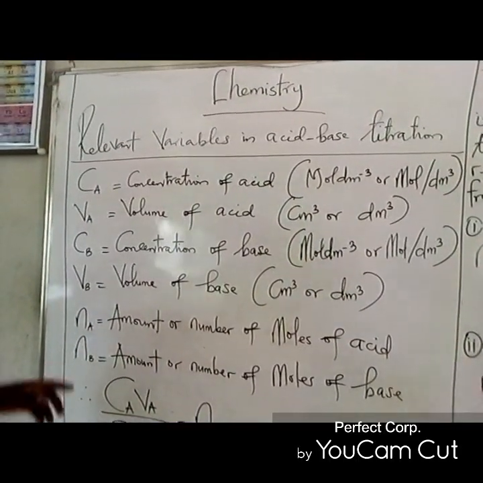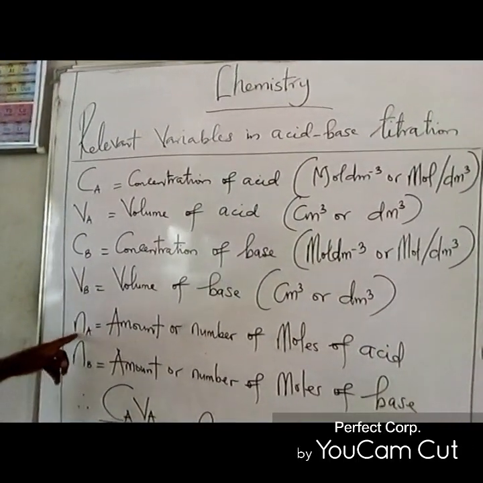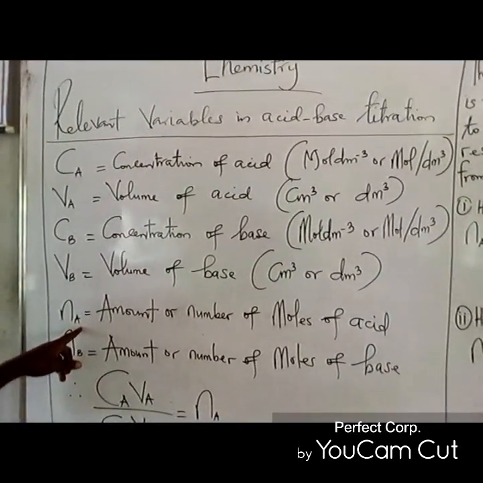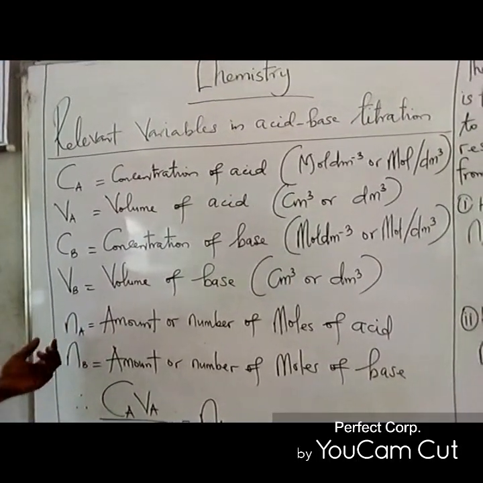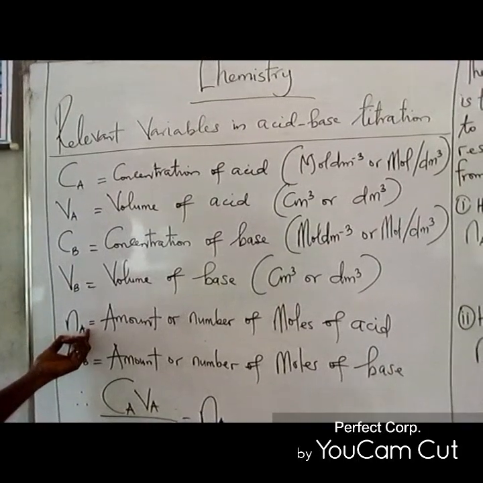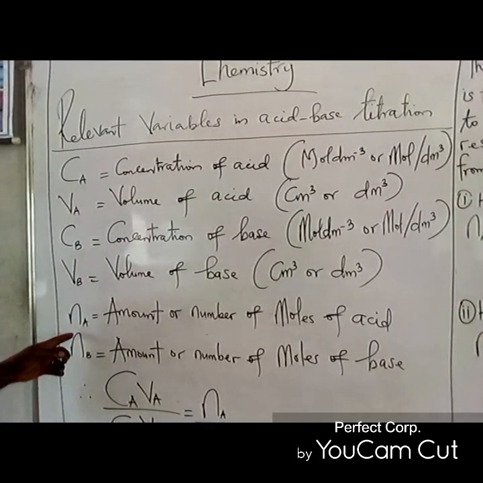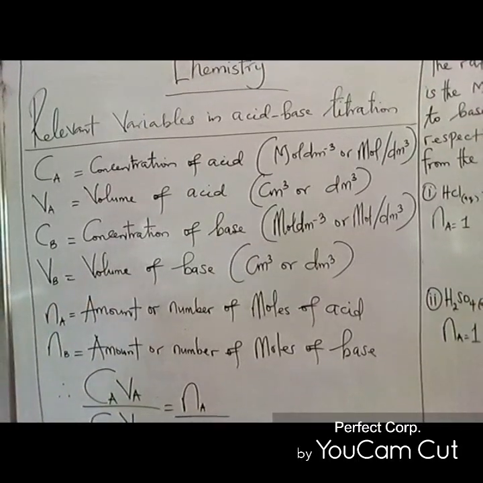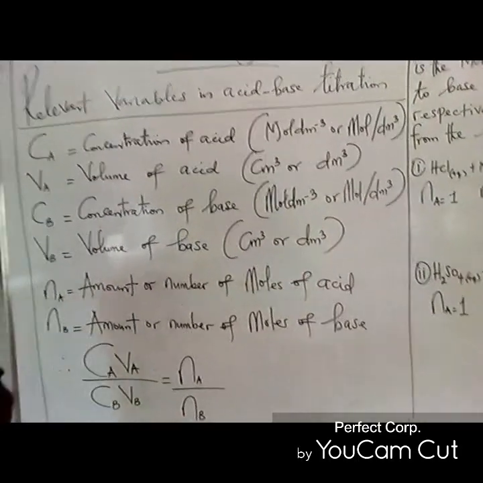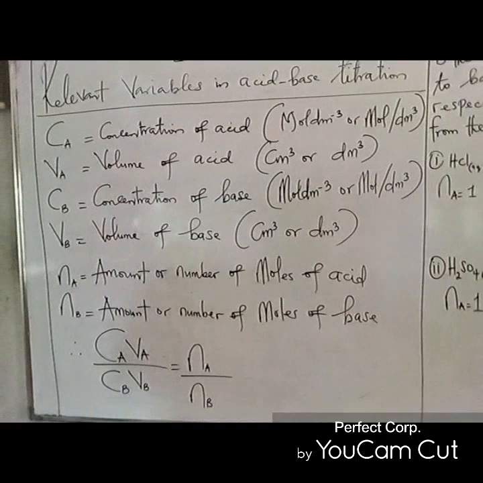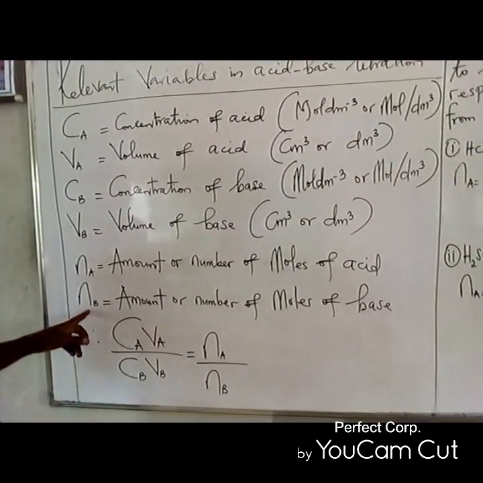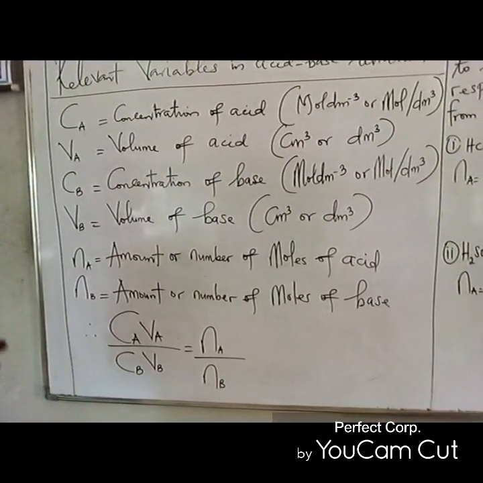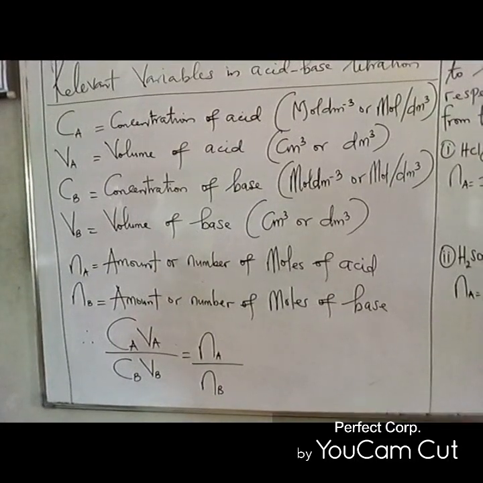Now, as a chemistry student, when you see this variable Na, sometimes they might write it in capital letter N, and A is still the same thing. It means amount or number of moles of acid, and Nb is amount or number of moles of base.